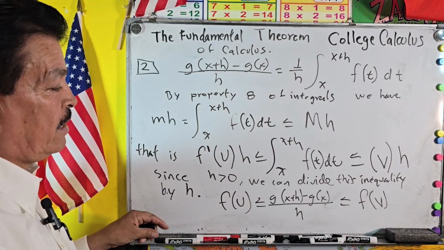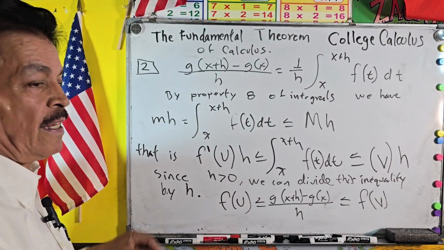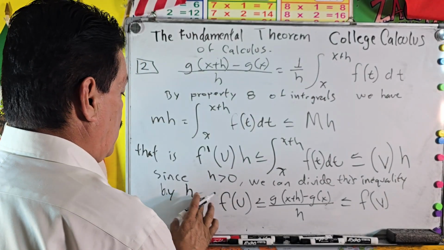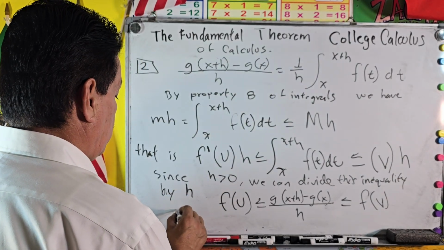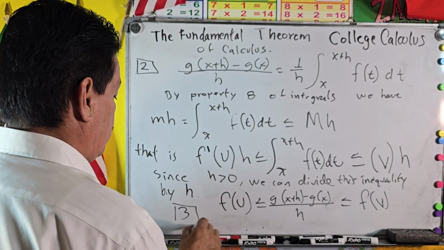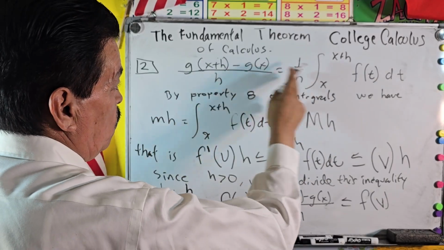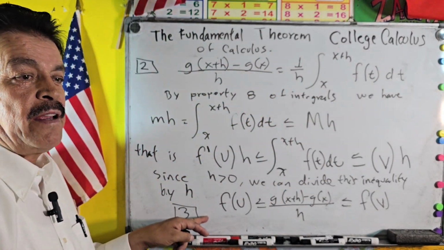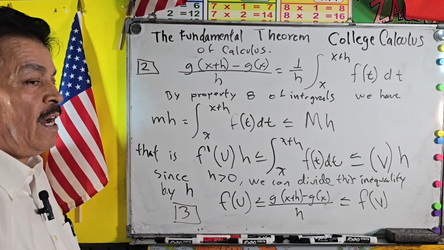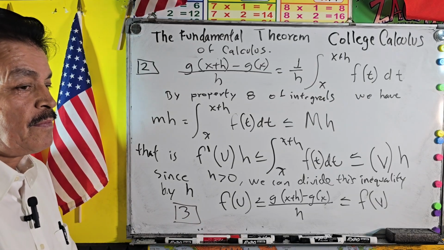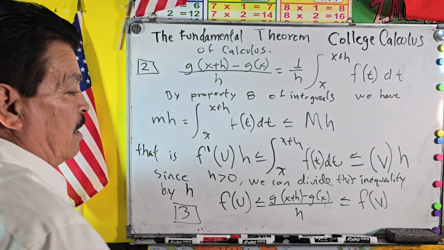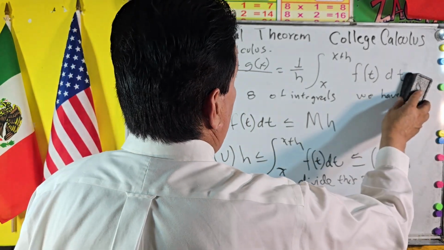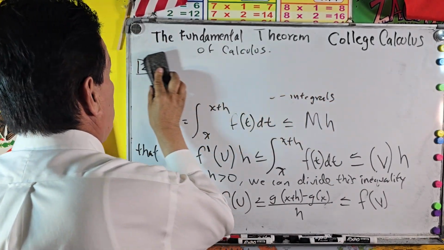This formula is a number when we divide it. I conclude number 2 and number 3, and we are writing the number 3. Inequality 3, let me erase it on top.